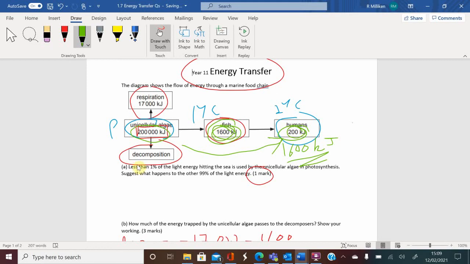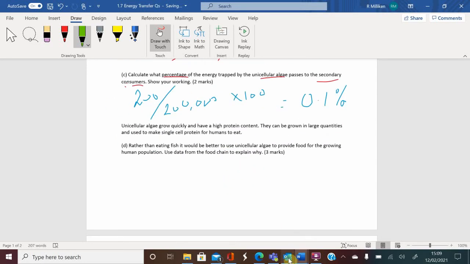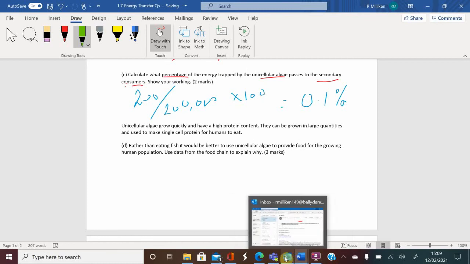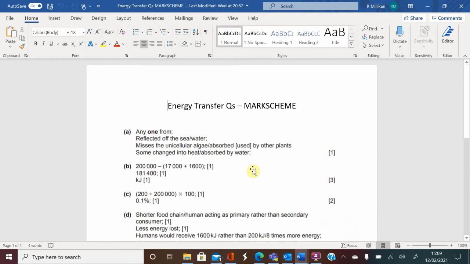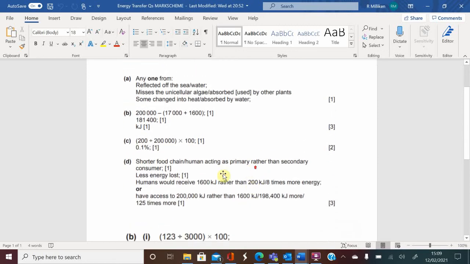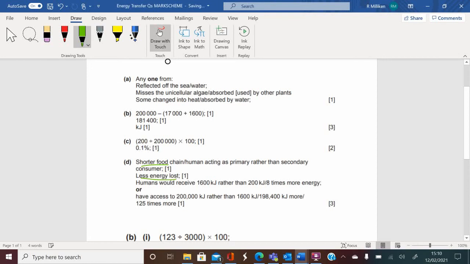So the short of it is that there will be more energy for each human by leaving out the fish. Some of you talked about there being less fish killed and so on. That wasn't really getting it. I'll put up the mark scheme there. You can pause this. You can see it's a shorter food chain, the idea of fewer links, therefore less energy loss. So shorter, less energy loss gets you a mark.